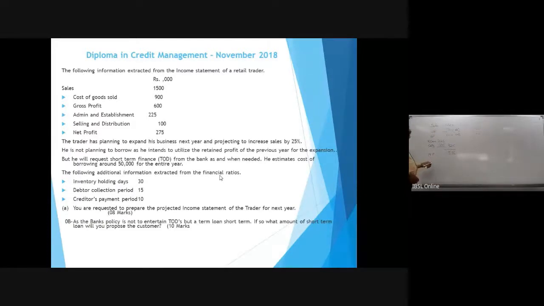Okay, administrative expenses are how much? 225 divided by 1,500, that is 15%. This is 15%. Selling expenses are 6%.